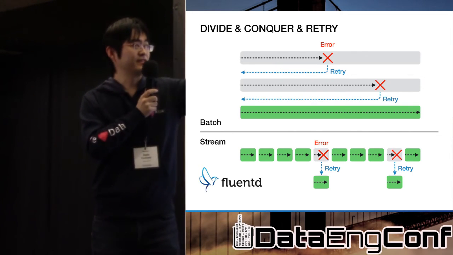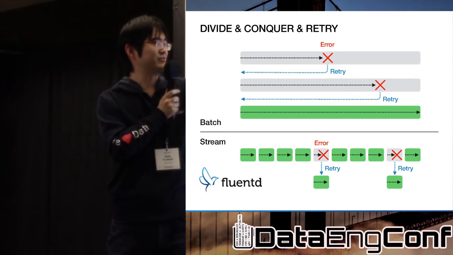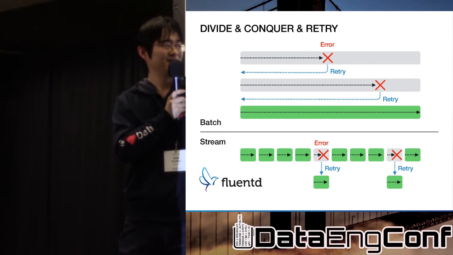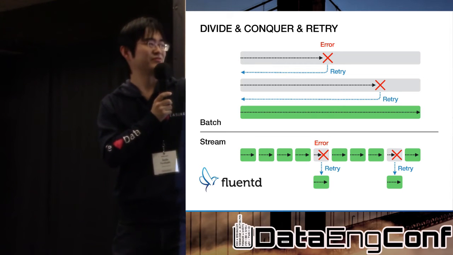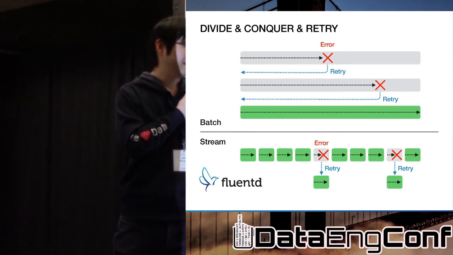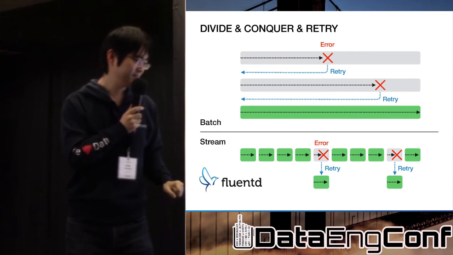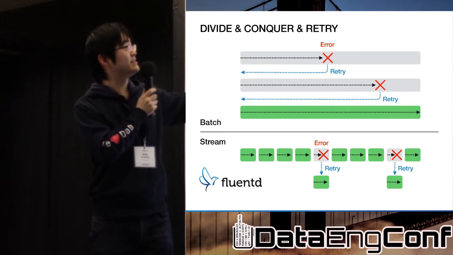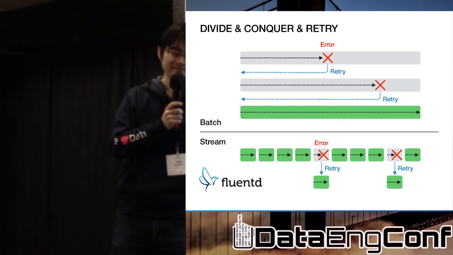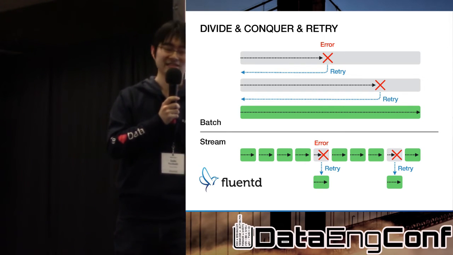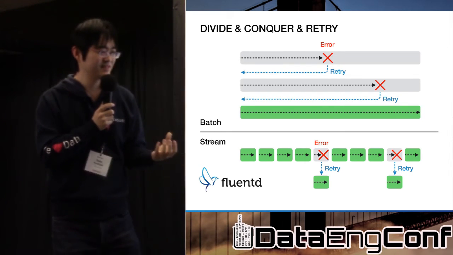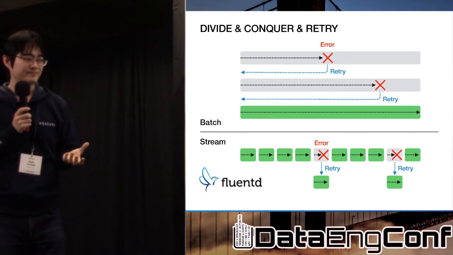Let's say there's a network problem, it needs to retry from the beginning. And if there's broken data somehow, then you need to retry from the beginning. Then sending all data takes a long time. But because Fluentd divides the data into chunks, the impact of the error is small. So you can make the logging system more reliable.